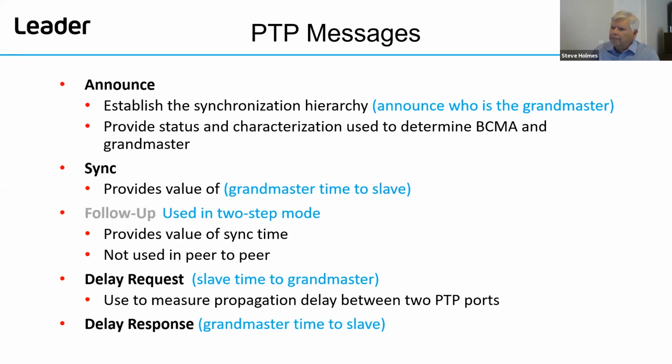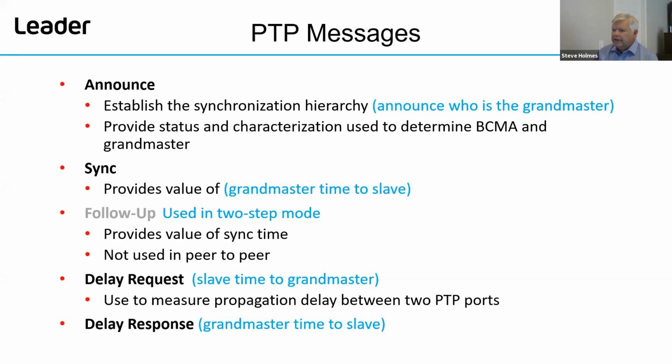So they used a follow-up message to put the correct time for the sync message in, and would send it at a fractionally later point in time, so that the receiver now says, okay, this is the actual time that sync message was sent. But with today's PTP sources, we don't really need to use a follow-up message, and it's probably best not to, just to limit the amount of PTP traffic.